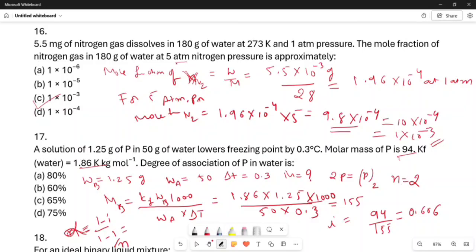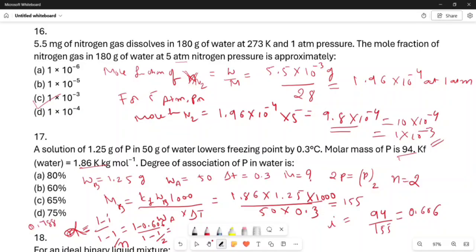So this is equal to 1 minus 0.606 divided by 1 minus 1 divided by 2. If you calculate this, you can get the answer 0.788.